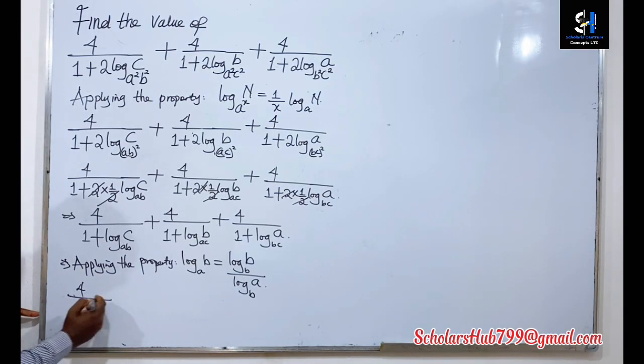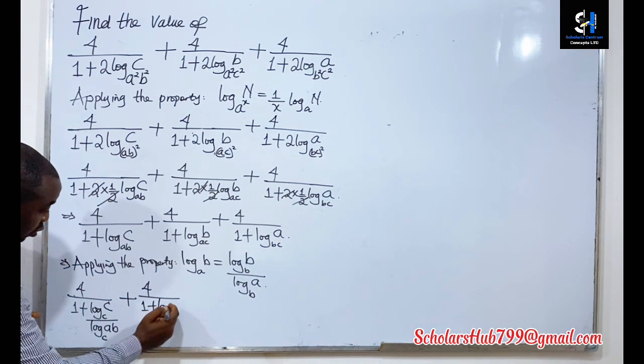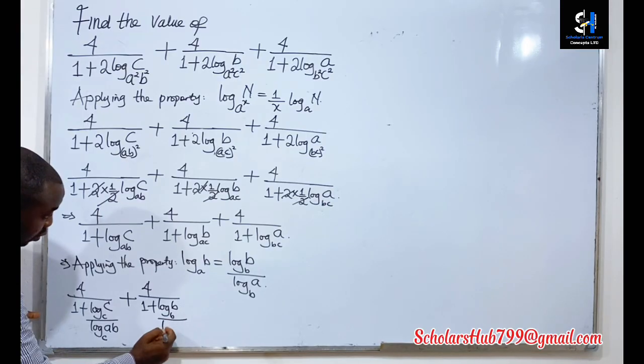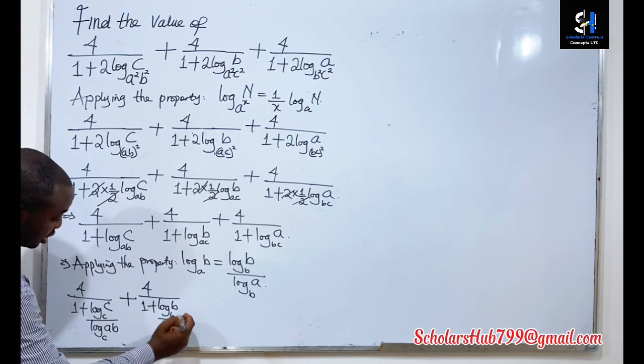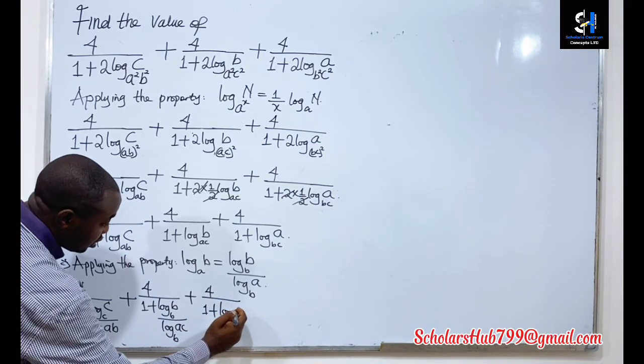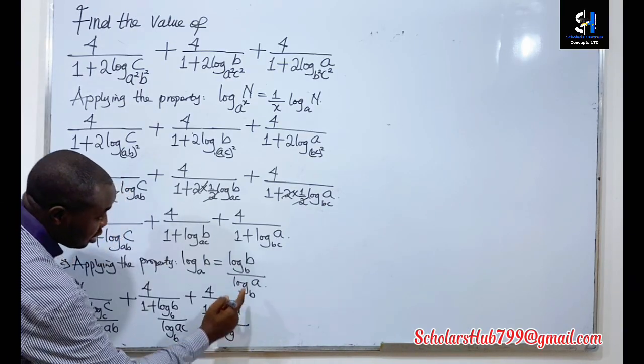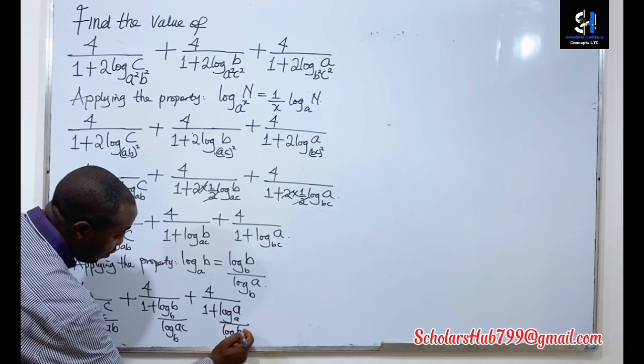So this would be 4 divided by 1 plus logarithm to base c of c divided by logarithm to base c of ab, plus 4 divided by 1 plus logarithm to base b of b over logarithm to base b of ac, plus 4 divided by 1 plus logarithm to base a of a divided by logarithm to base a of bc.